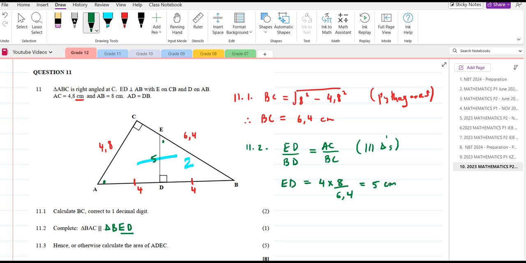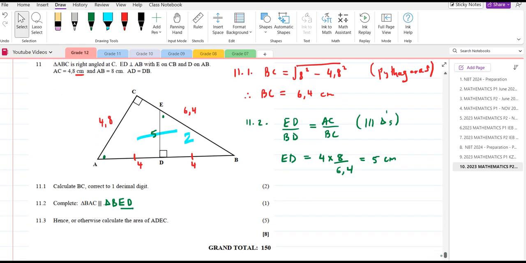So I've got half base times height here, and half base times height here. So the area of ADEC is half base times height of the big triangle minus the area of the second triangle. Half, the base is 4.8, and the height of this triangle is 6.4.